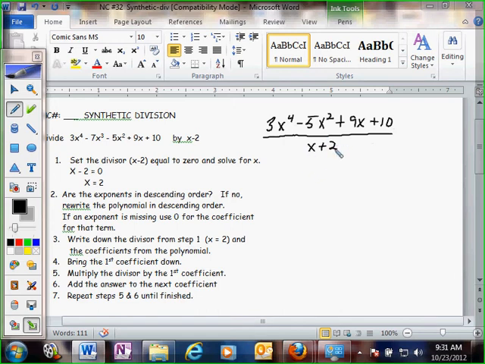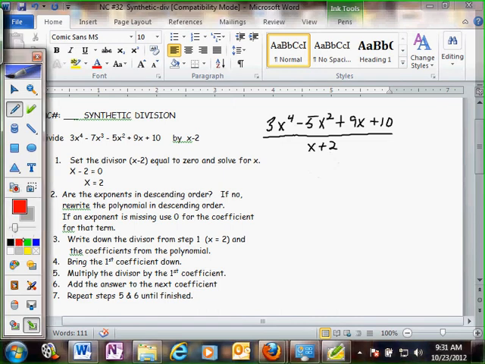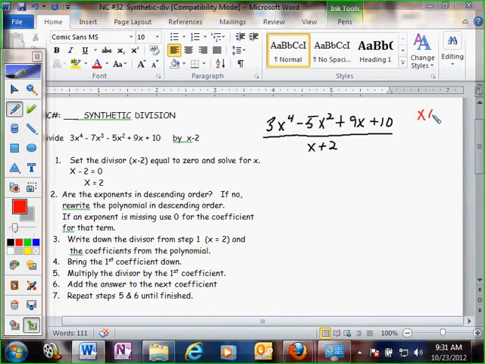The first thing I do is take my divisor, set it equal to 0, and solve for x. Subtract 2 from each side, and I get that x is equal to -2.